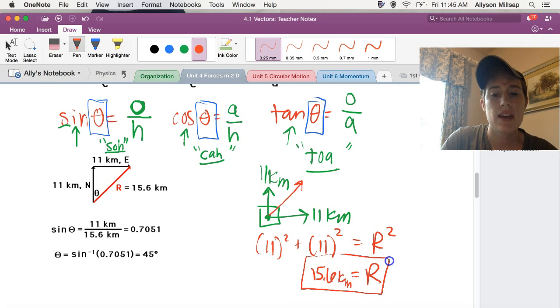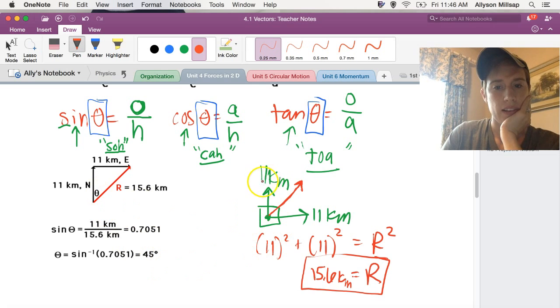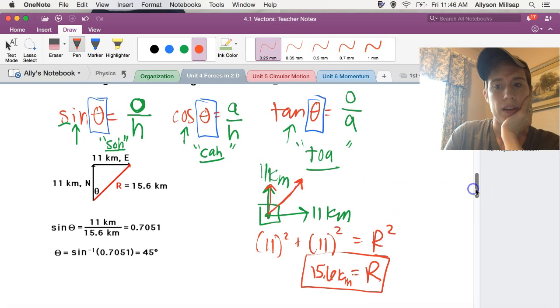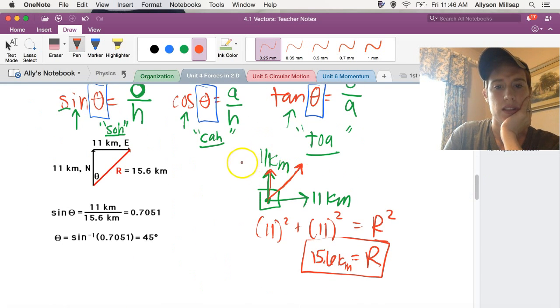Once we find this, we know all of the vectors that make up the triangle, okay? So we have 11 is the up and down. So the up and down one is called your adjacent. So this is the adjacent.